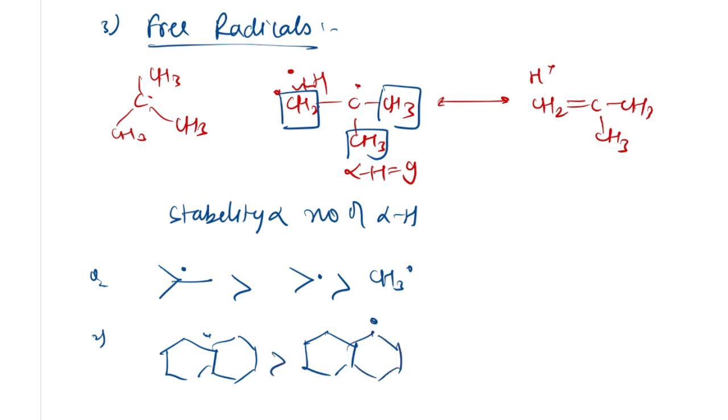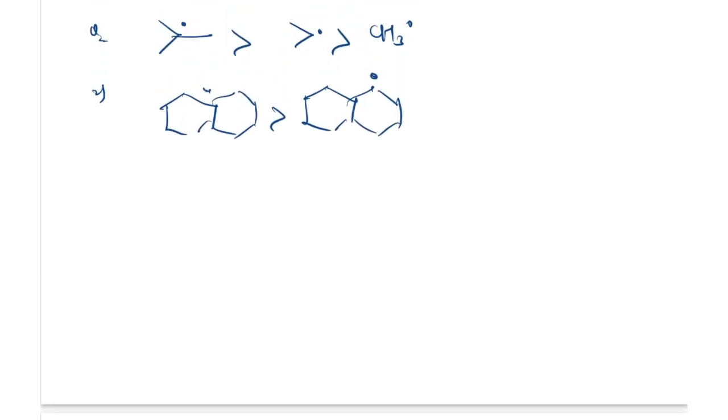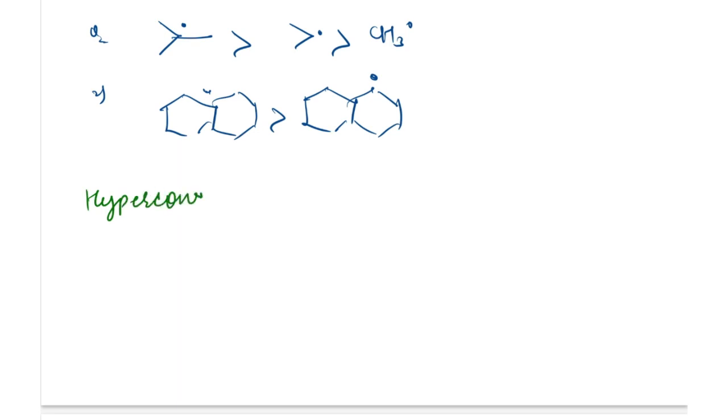Now if we divide the hyperconjugation, we could see that there are two types of hyperconjugation.